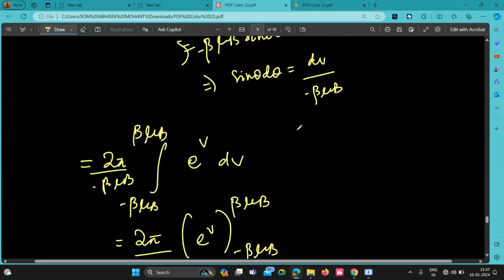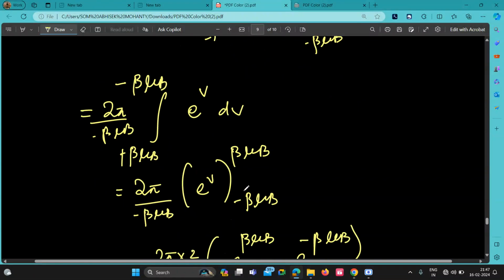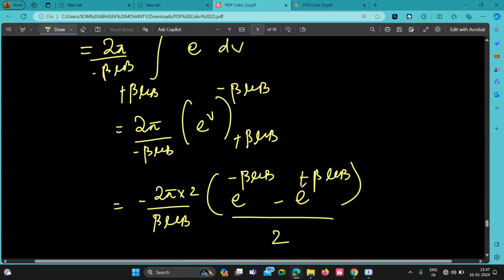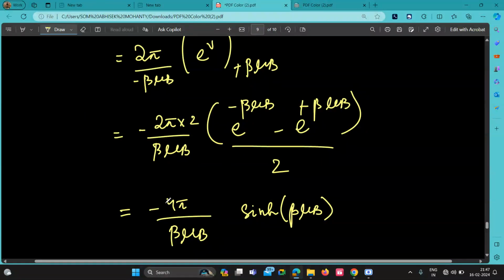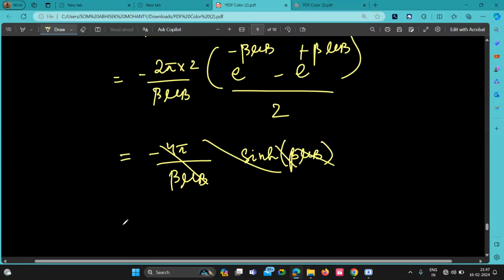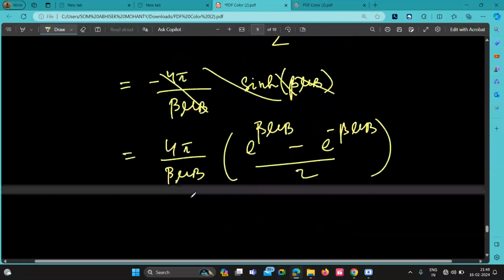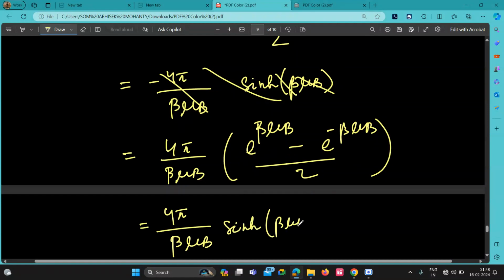Okay, I'm sorry. There is another minus here actually. This should be minus here, and the below one will be plus. If you check the limit, this will be like this. Then another minus will go out. Minus minus plus 4 pi by beta mu b, minus, I took another common. Now it's correct. 4 pi by beta mu b sine hyperbolic beta mu b.